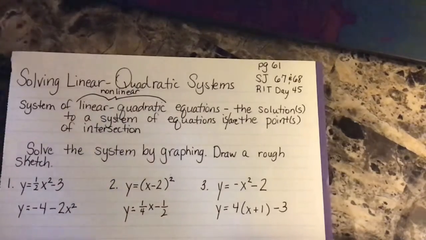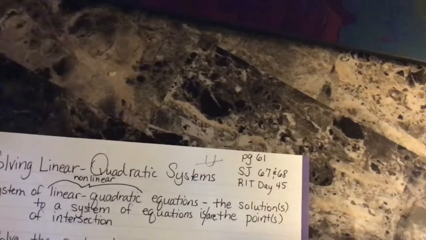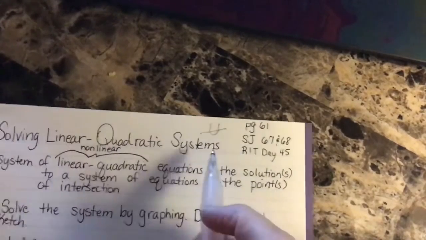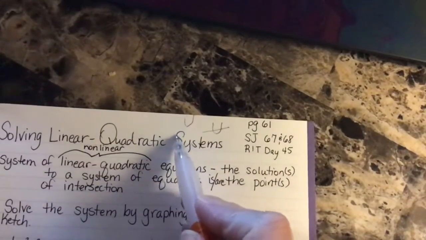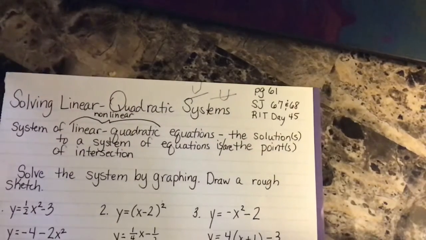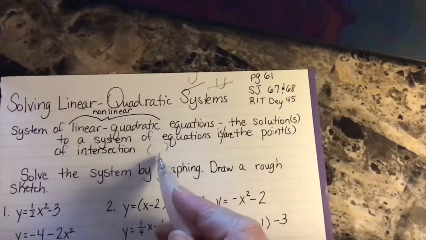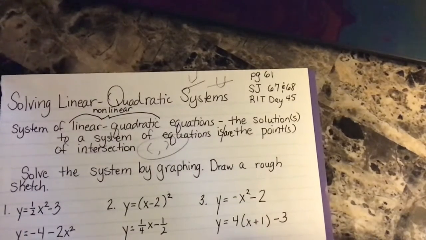If you have a U shape and a line, they could cross twice, or they could cross none, or intersect none. So remember, the solution or solutions is an ordered pair, and that's how we're going to write them.